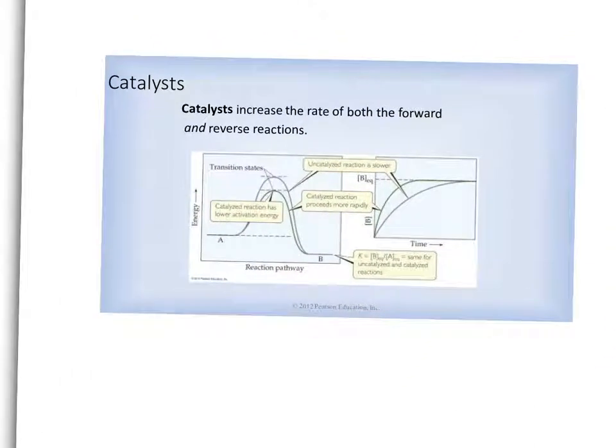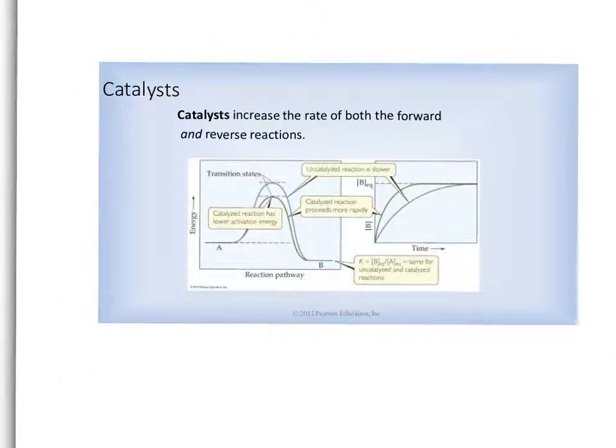Now, one thing I want to talk about that does not affect equilibrium position is the addition of a catalyst. If you read through Le Chatelier's principle statement, our stresses would be changing temperature, changing pressure, changing concentration. Adding a catalyst, though, as we talked about in the last unit, can change the reaction pathway.